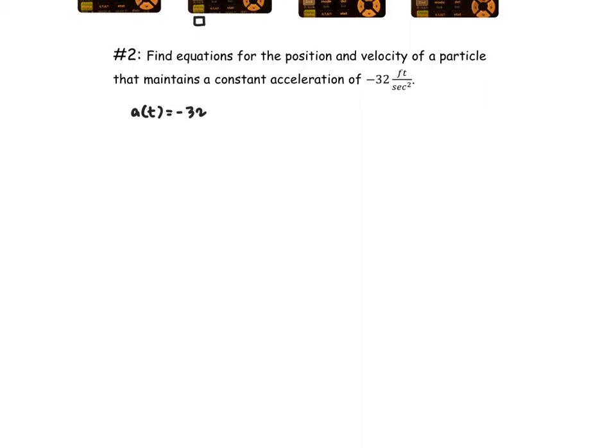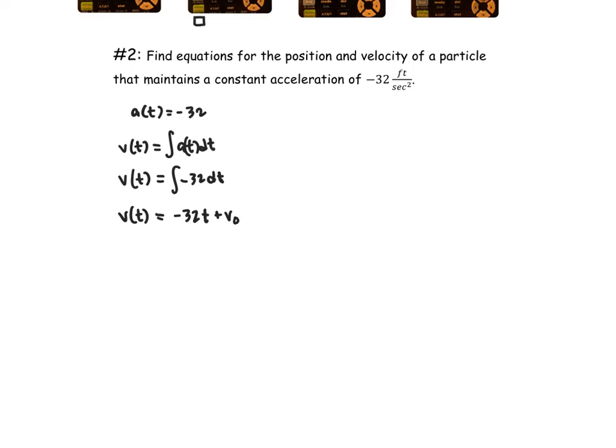Now v of t is equal to the integral of a of t with respect to t. So the integral of negative 32 with respect to t is negative 32t plus whatever the initial velocity would have been.